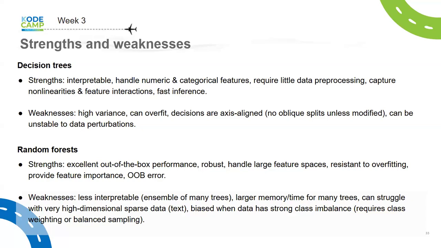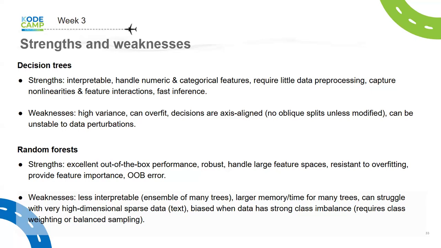It captures non-linearities and feature interactions very well, and it has fast inference because you're just doing if statements, basically. But the weaknesses are that it has high variance and it can overfit. The decisions are axis aligned, so no oblique splits. I will talk about that. And it can be unstable to data perturbations.